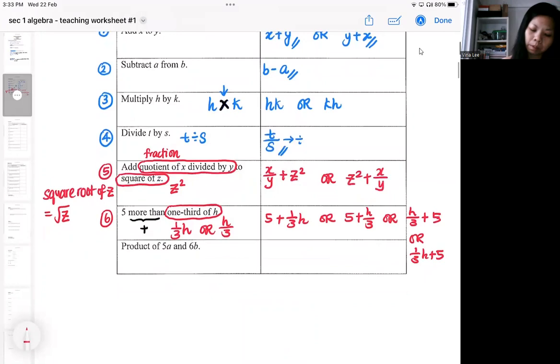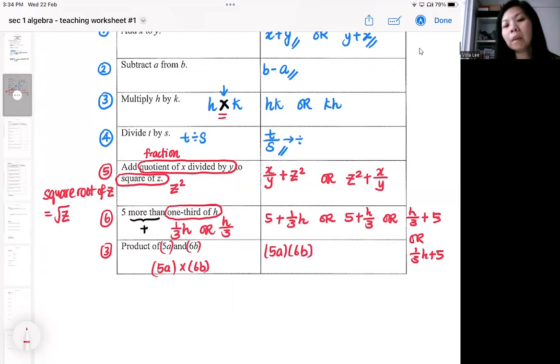Okay, the last one, when we say a product. So the product of 5a and 6b. Product is a multiplication. If we apply the invisible rule, it will just be like this. By writing 2 brackets like this, people know that you are trying to tell them to multiply. So this one is also a multiply. 6b is also a multiply. Some people will choose to give a simplified answer.